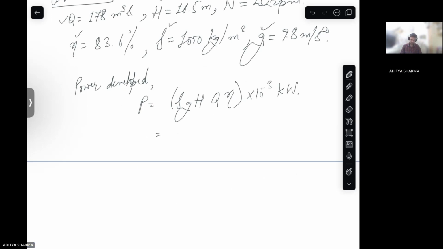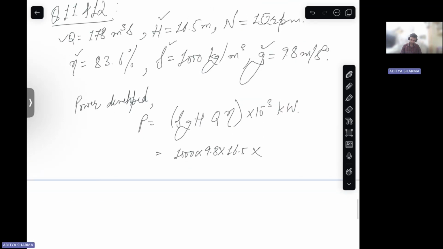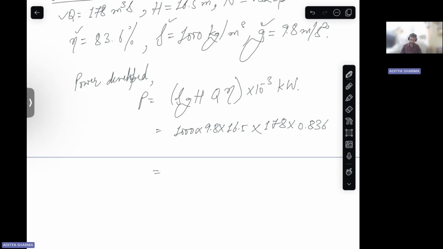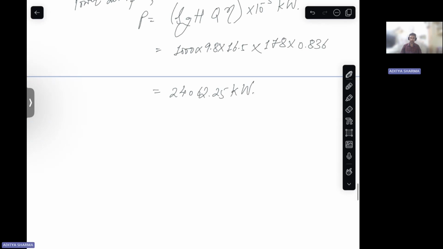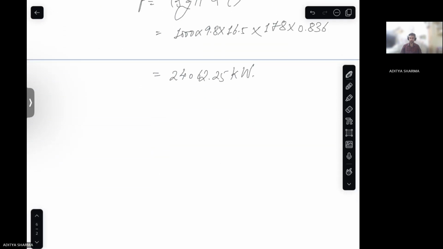So 1000 into 9.8 into 16.5 into 178 into 0.836. When we calculate this, it comes out to be 24062.25 kilowatts. Please check if the calculation is correct.